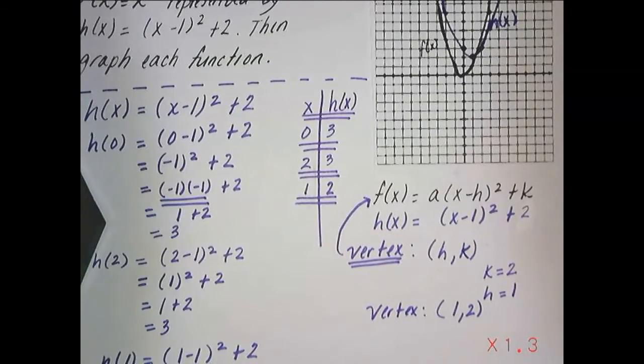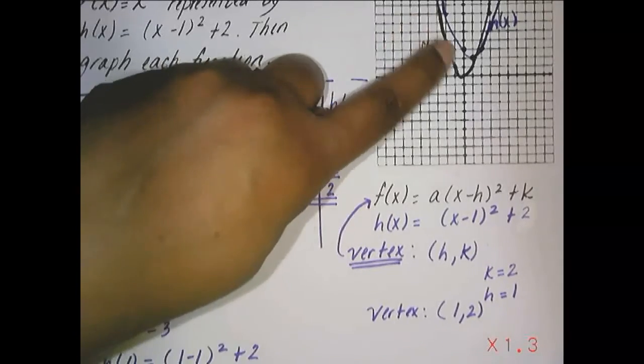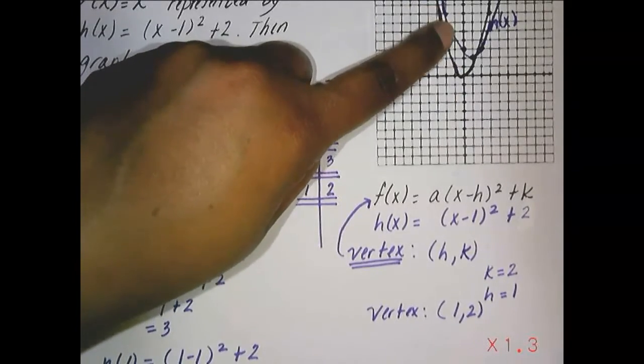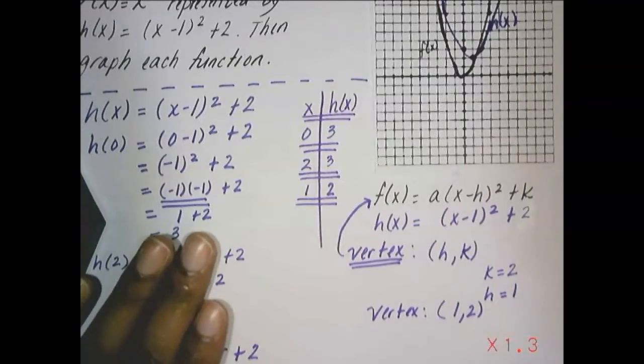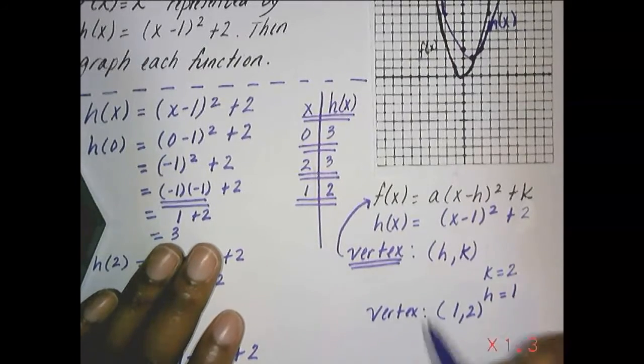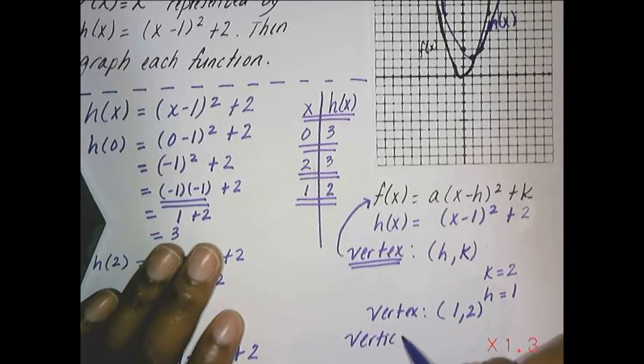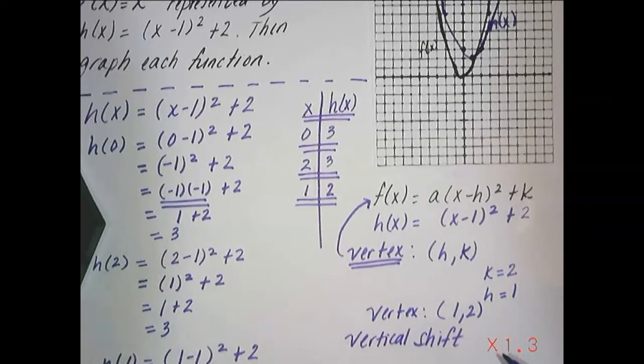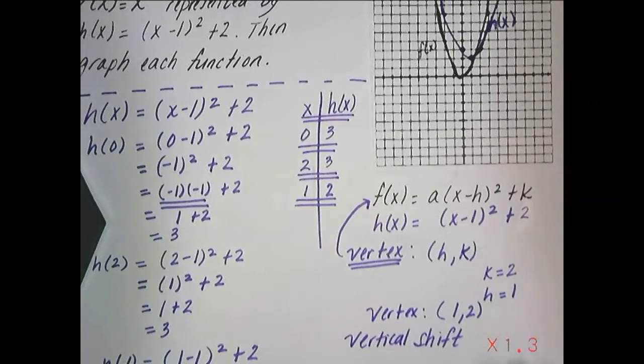So if we were to describe this transformation as far as what happened from the black graph to what we have here in purple, and I'm sorry you can't see that too well, we had here a vertical shift or transformation or translation. Vertical shift or translation, and it went up 2 units.